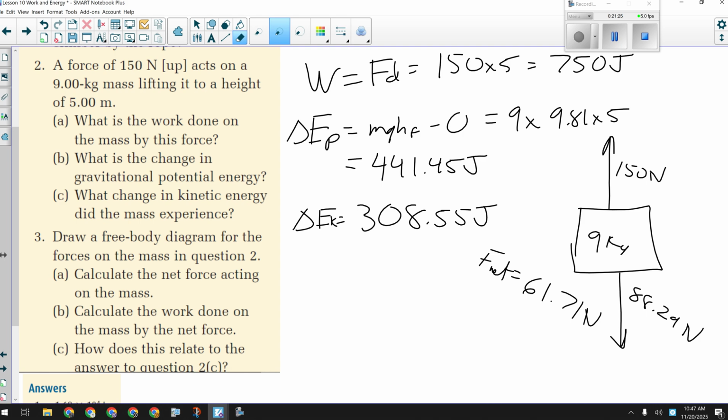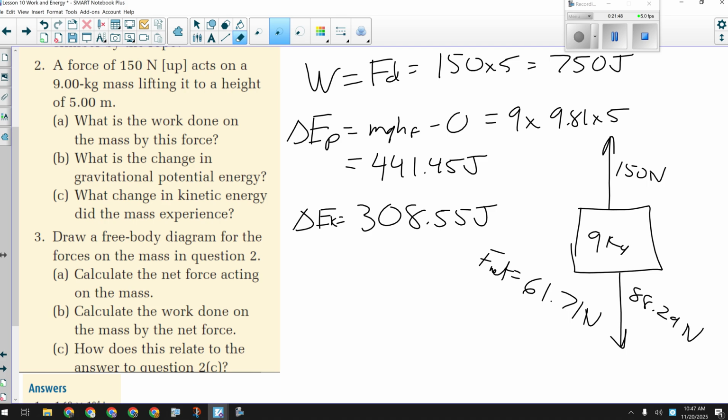Thank you. Okay, so net forces cause objects to accelerate. Acceleration is a change in velocity. If your velocity changes, does your kinetic energy change? So net forces cause changes in what kind of energy? Kinetic.